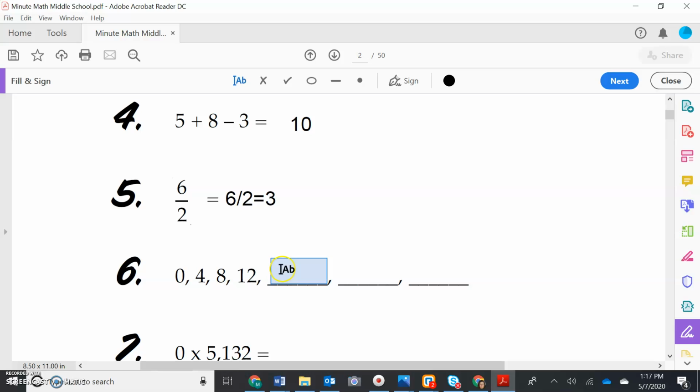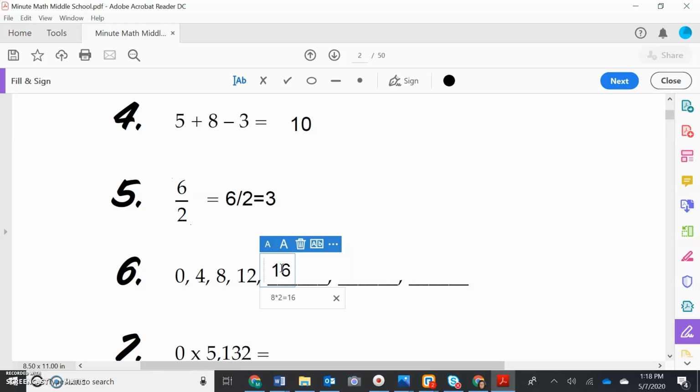3 is your answer. Okay, so now this one, we're going to go up by 4 every time. 0 plus 4 is 4. 8 plus 4 is 12. 12 plus 4 is 16.